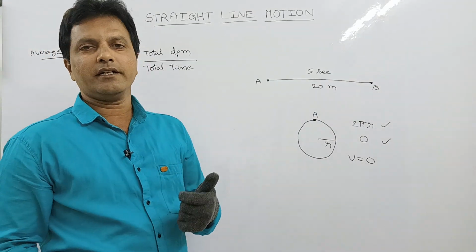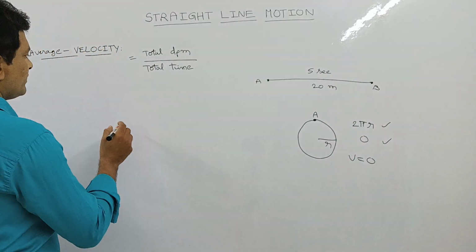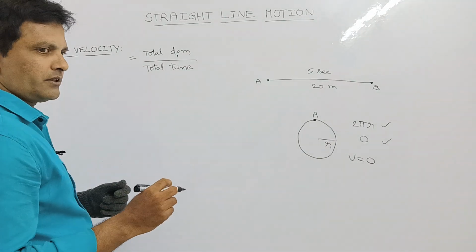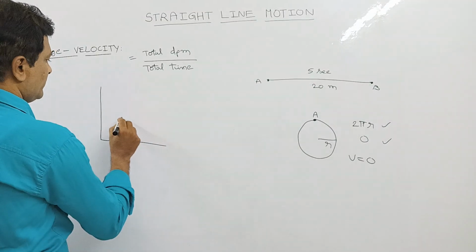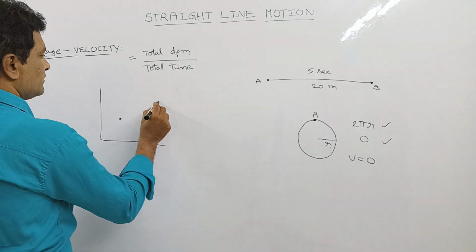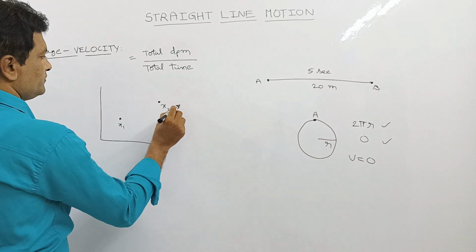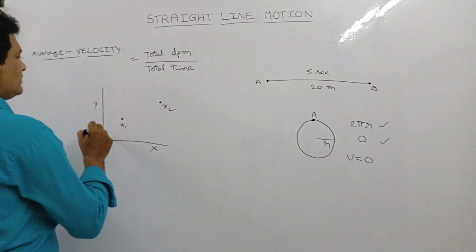So to understand this in a better way, we'll take one example. If an object is moving over a distance from x1 to x2, this is horizontal coordinates, this is the x-axis and y-axis.